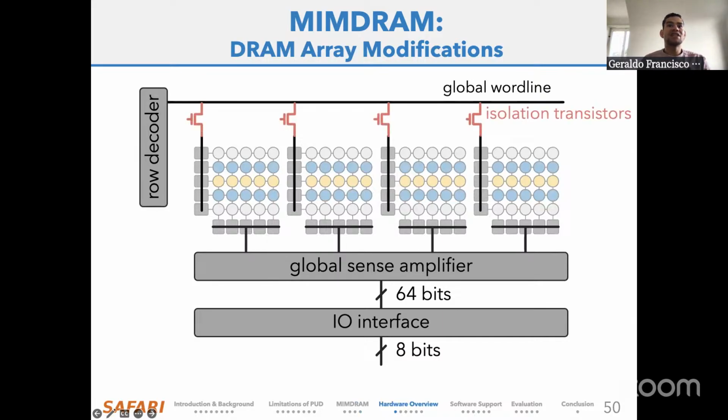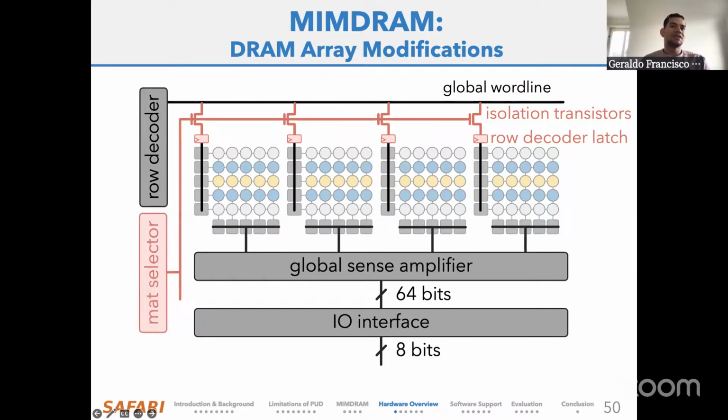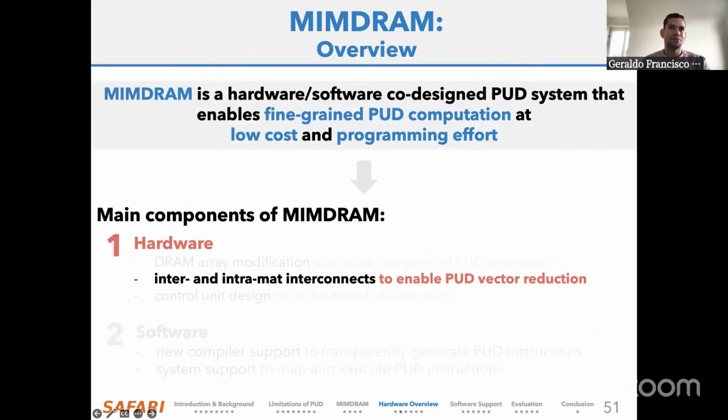First, the isolation transistor segments the global word line, allowing the row decoder to activate a different row for each MAT. The MAT selector asserts the isolation transistors based on a MAT range specified by the process using DRAM operation. The MAT range addresses a physically continuous set of DRAM MATs.